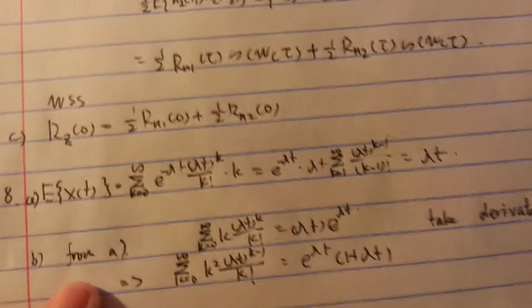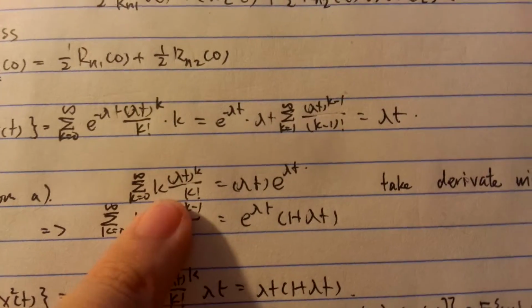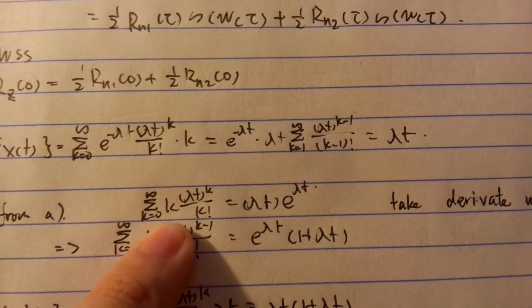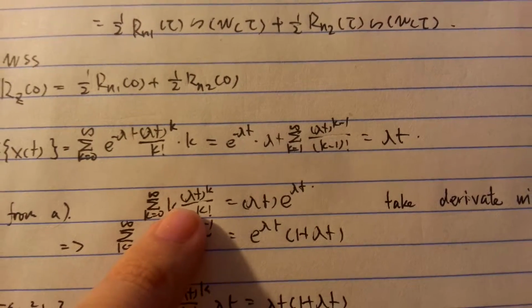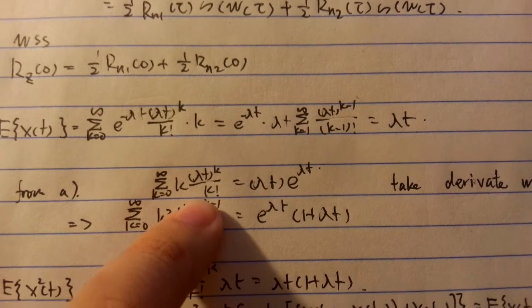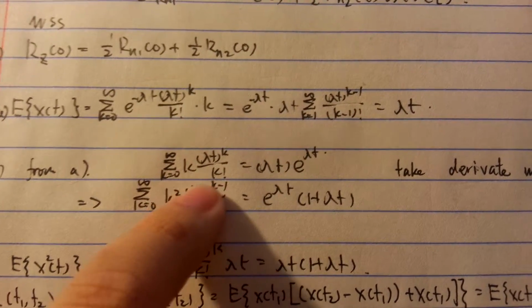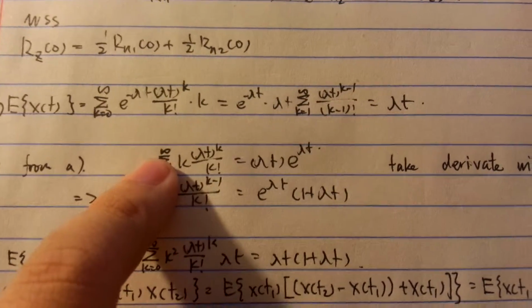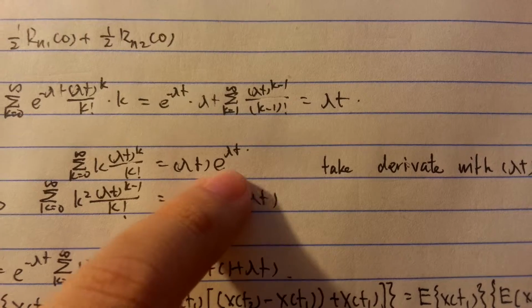From problem A, we know that the summation of k times lambda t to the k over k times k minus 1 times k minus 2, with k from 0 to infinity, is equal to lambda times t times e to the lambda t.